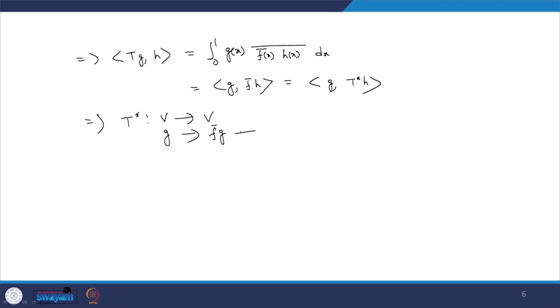So, here we have seen that even though the space is infinite dimensional, for a given linear operator like this we have found an adjoint operator.